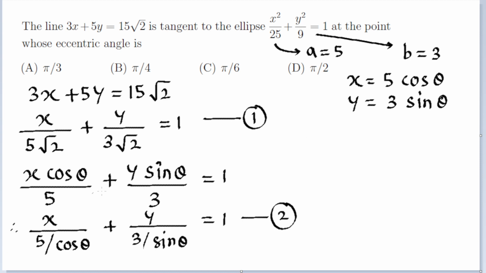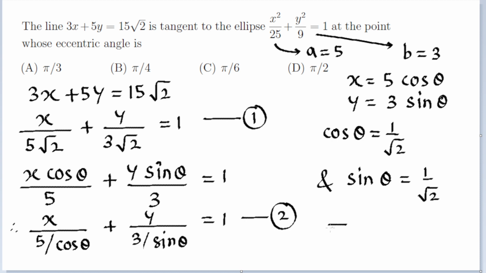So in the denominator you can see that cos theta happens to be 1 by root 2, and for the y term sin theta happens to be also 1 by root 2. So from this it is clear that the angle theta has to be equal to pi by 4, which is 45 degrees, isn't it? So option B is the correct answer for this question.